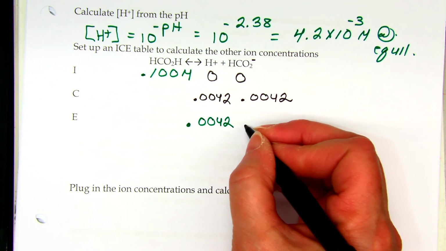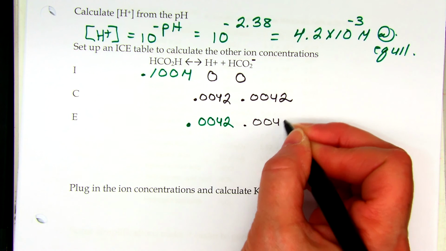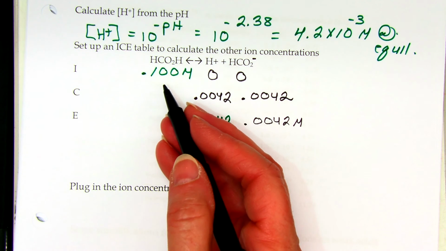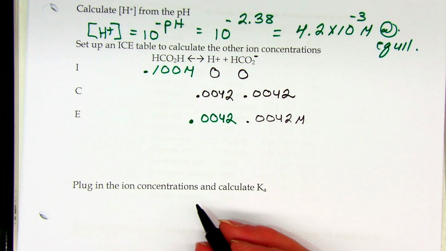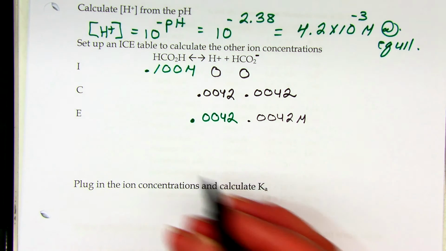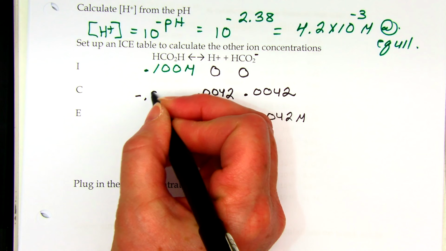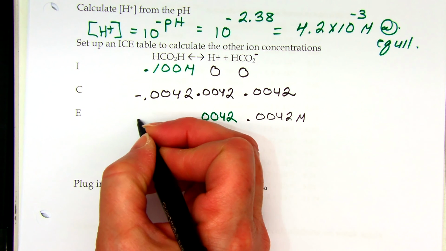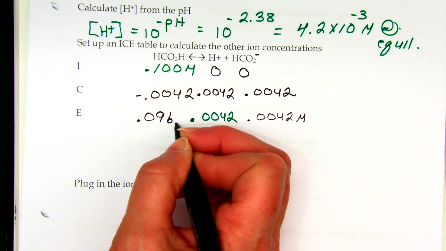So at equilibrium, I have 0.0042 molar of the formate ion as well. Now, what's happening over here to the formic acid? It's decreasing by the same amount, right? Minus 0.0042. So at equilibrium, that's 0.096 molar.